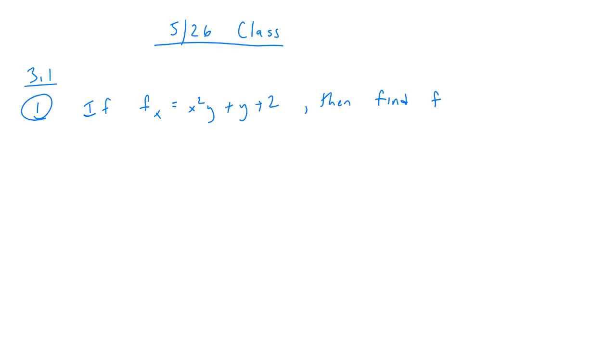So pretty much just antiderivatives. So one says if the derivative with respect to x is given as that, then it's f. And the notation for that is this, the antiderivative with respect to x.